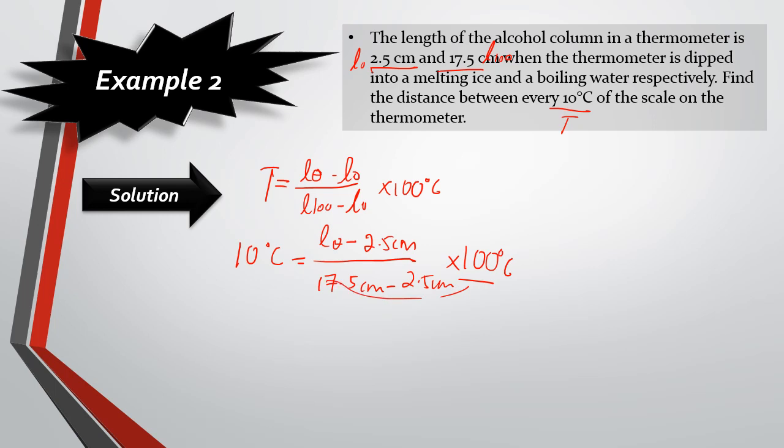We will have 0.1 equal to, centimeter over 15 centimeter. So bring 15 centimeter to the left side, it will be 1.5 centimeter equal to L theta minus 2.5 centimeter.